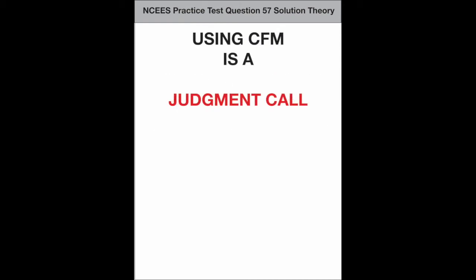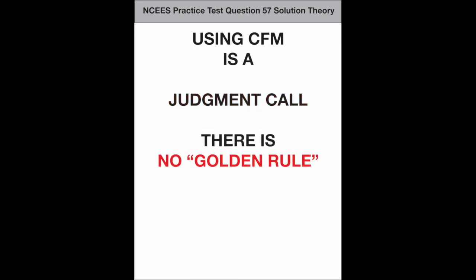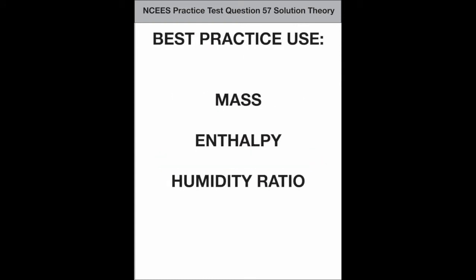Using CFM is a judgment call based on vague standards, and there's no golden rule cutoff point for temperature or density differences. The best practice standard for calculating mixed air conditions is to use mass, enthalpy, or humidity ratio, and never to use CFM.